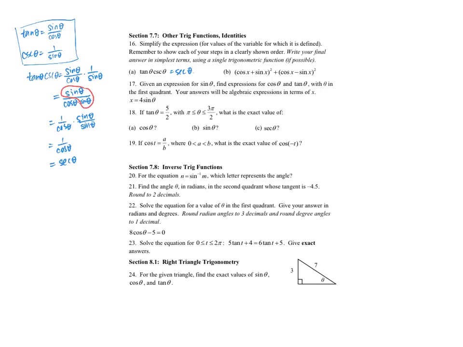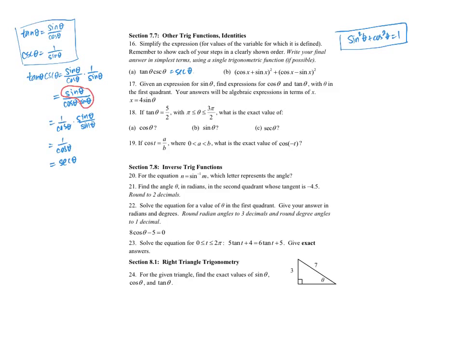Okay. And the next one, I'm probably going to use the fact that sine squared theta plus cosine squared theta is equal to 1. That's one of the Pythagorean identities that I can remember. First I'm going to start by multiplying that out.